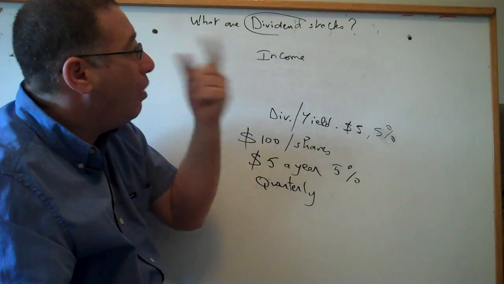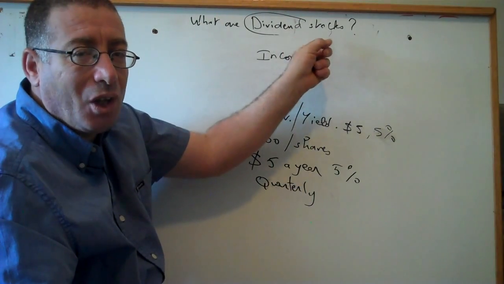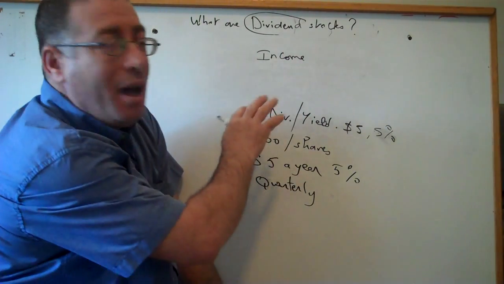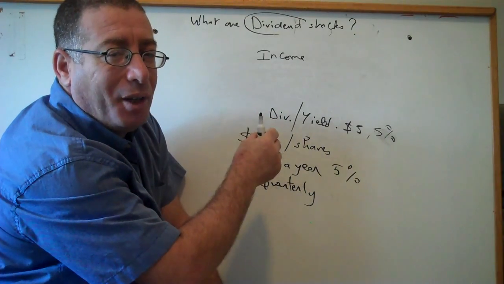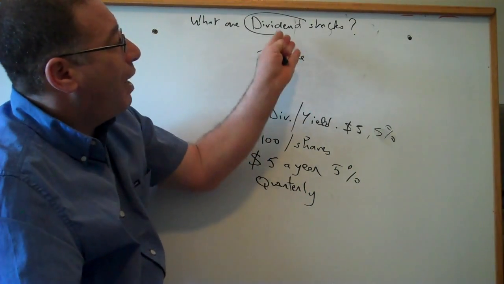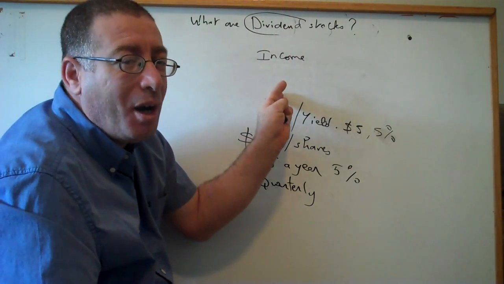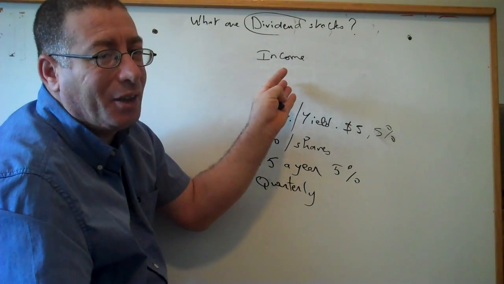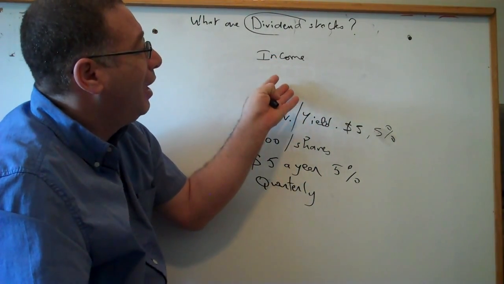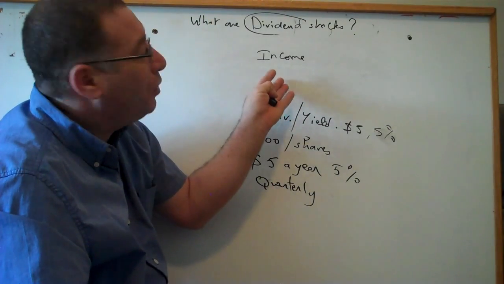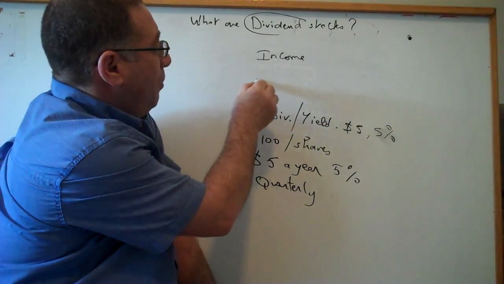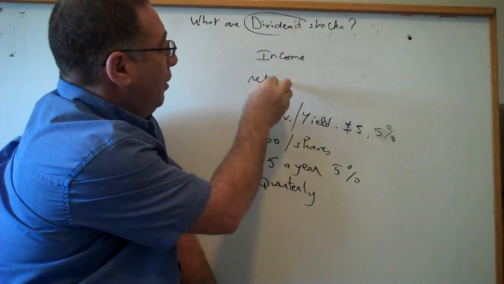Most of the people who buy these dividend stocks are people with a large amount of money, so each month they have an income, like a salary. Most of the retired people do this.